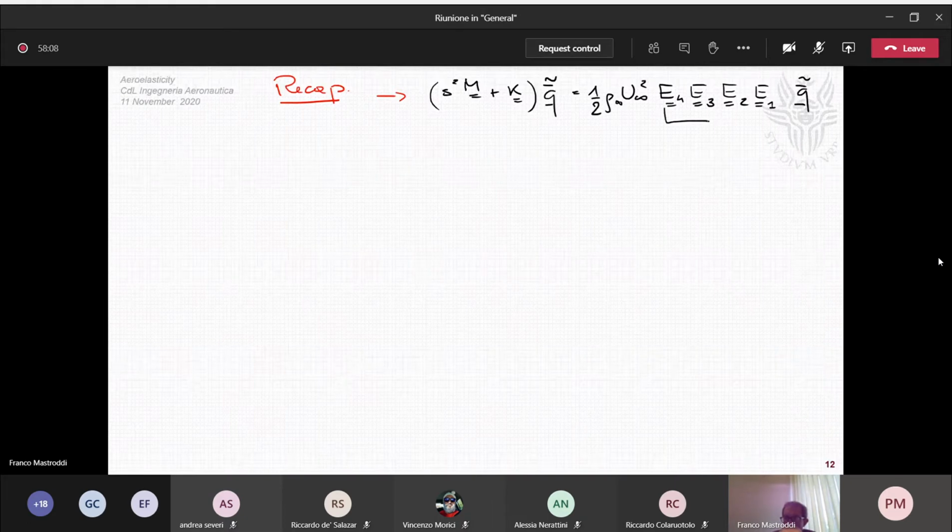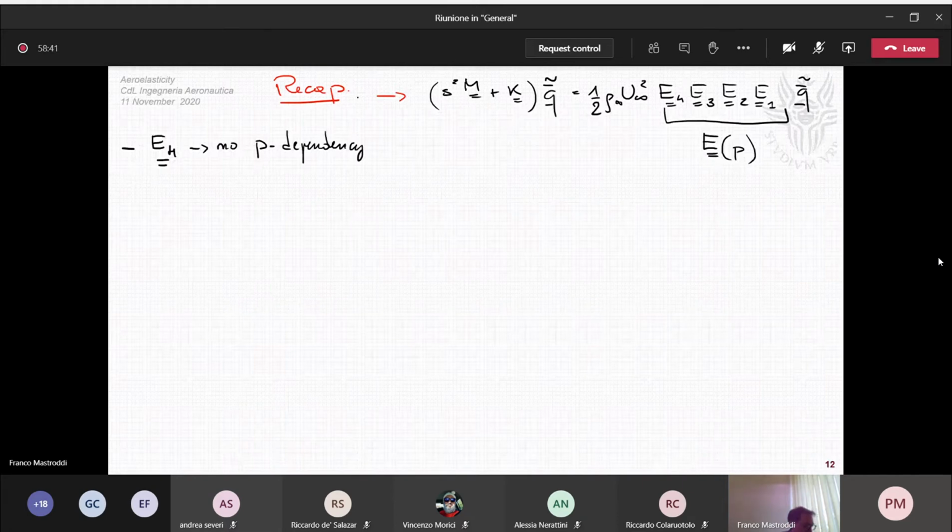So my question is, how is this final matrix globally depending on p? So let's recap this consideration. We have for E4 no p dependency.